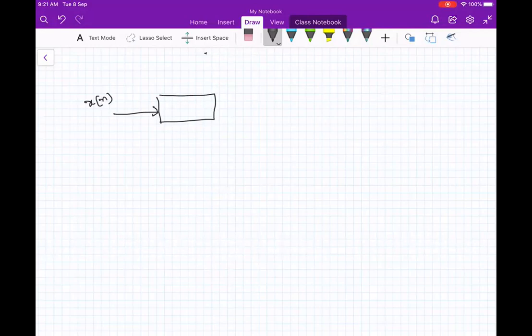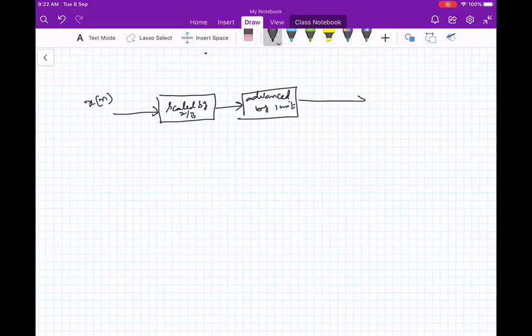Let x of n be scaled by 2 by 3, and then shifted or advanced by 1 unit.